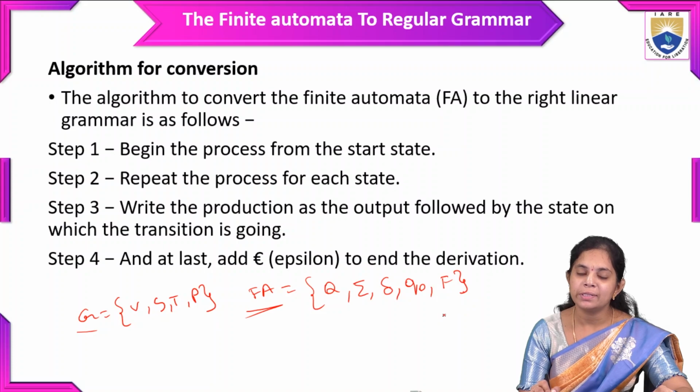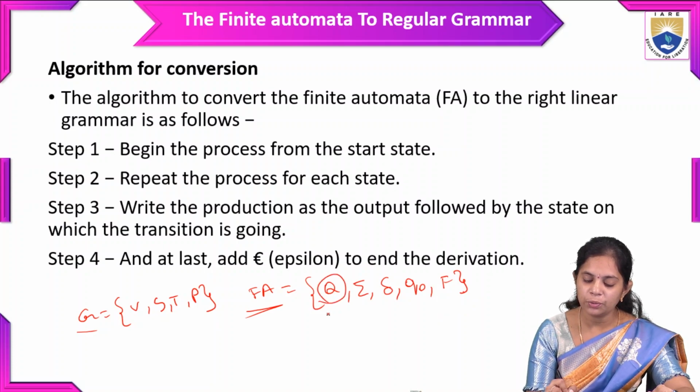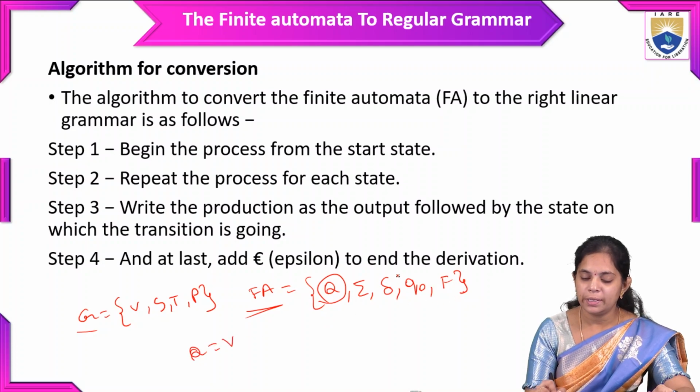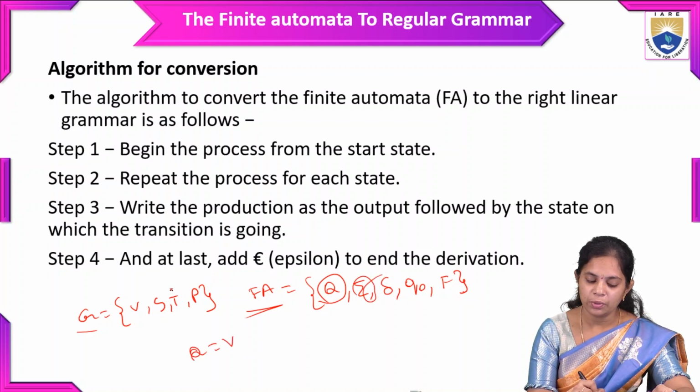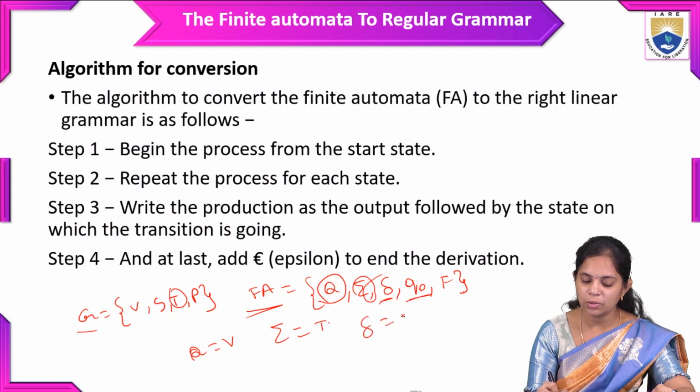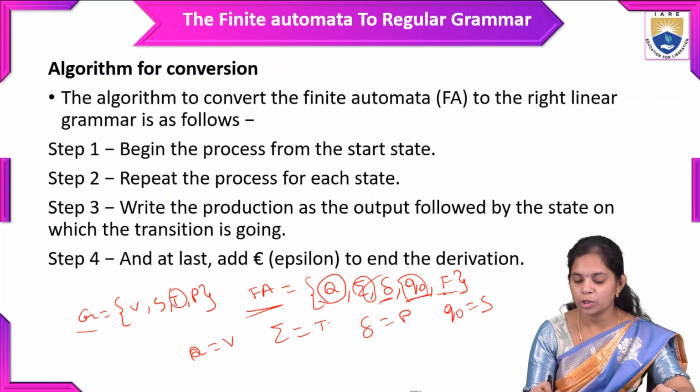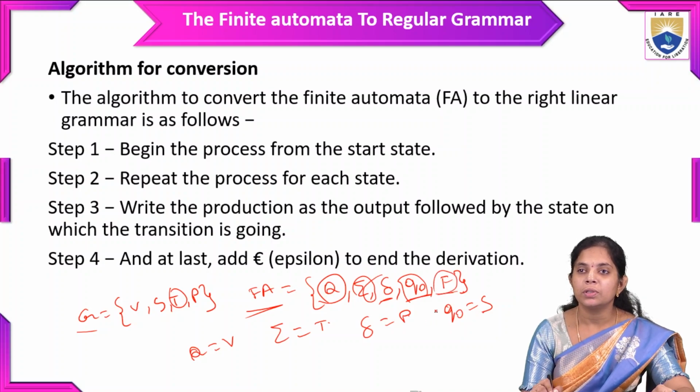The capital Q, a finite set of states, is equivalent to V, and sigma is equivalent to T. Delta is equal to the production rules, the initial state is equivalent to S, and the final state we will decide based on the production rules.